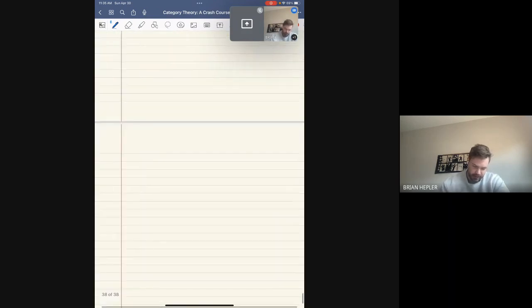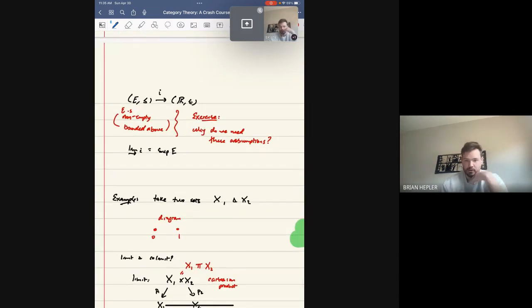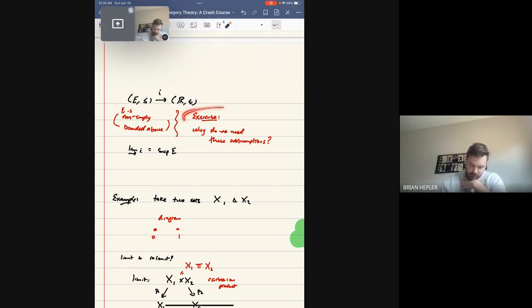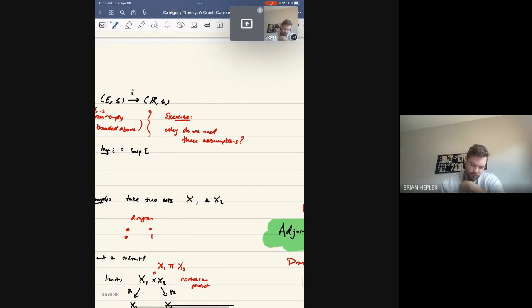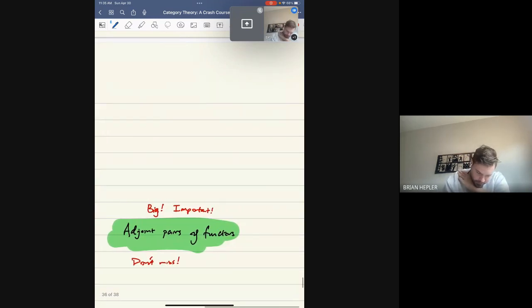So the other question I asked was a little bit easier. I wanted to know why I have these two assumptions in this problem. So the problem was as follows.